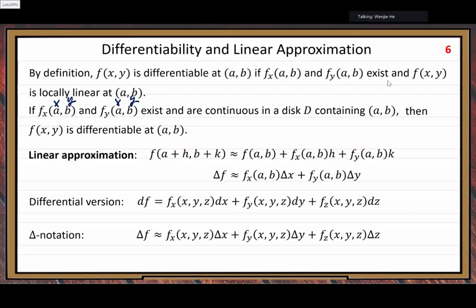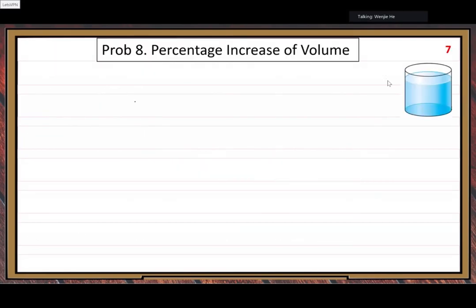Then the last one, which is pretty short. This is the volume of a cylinder formula. You can see this function is differentiable, very easy to see. Then we have local linearity, because if it's differentiable, then it must be locally linear.